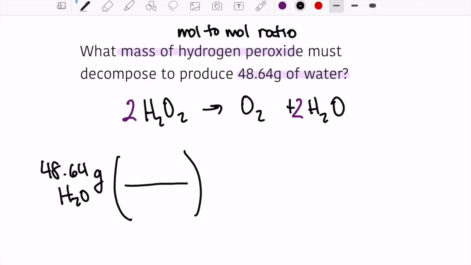Okay, so that molar mass of H2O is 18.02 grams H2O. It's really important to write out what molecule you're at, like H2O, H2O2, because it helps you keep track of your work. And so that's that many grams in 1 mole of H2O.